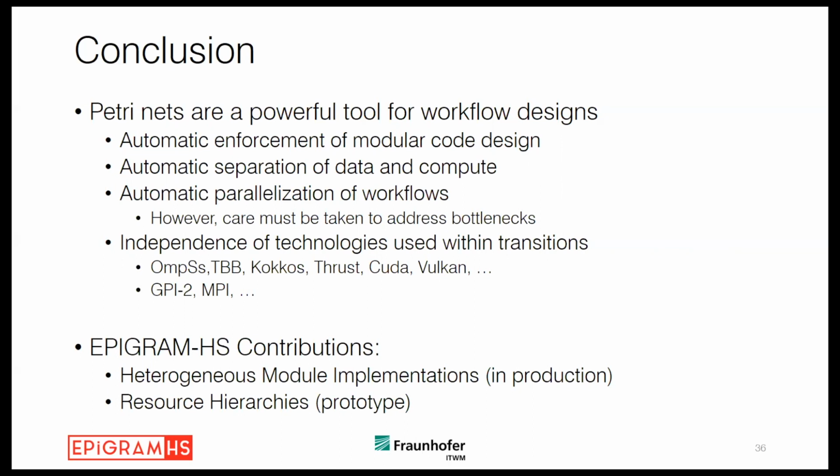So if you have a GPU task, of course you want that this task is executed on nodes that have a GPU. And so now you can say, okay, this task requires 2 GPUs, ideally on the same node. But again, this is not yet in production. It's a working prototype, and we're working on adding that functionality to the production GPISpace code.